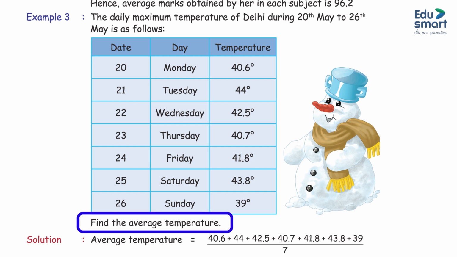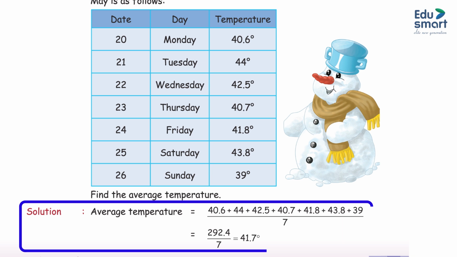Find the average temperature. Solution. Average temperature is 40.6 plus 44 plus 42.5 plus 40.7 plus 41.8 plus 43.8 plus 39 upon 7, equals 292.4 upon 7, which is 41.7 degrees.